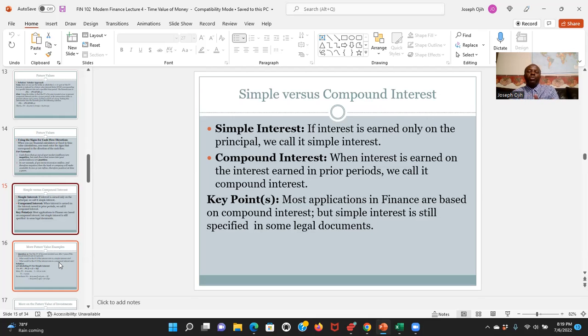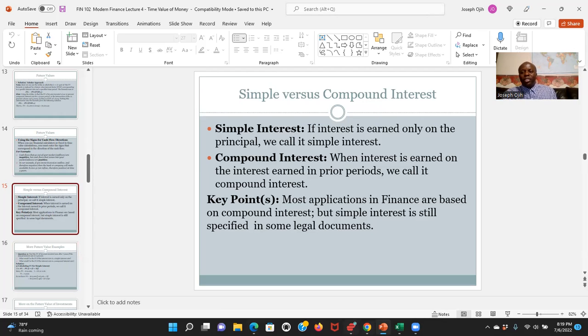So a better way of putting this is this. Compound interest will charge you on the previous interest earned in prior periods, which means that when interest is earned on the interest earned in prior periods, we call it a compound interest.